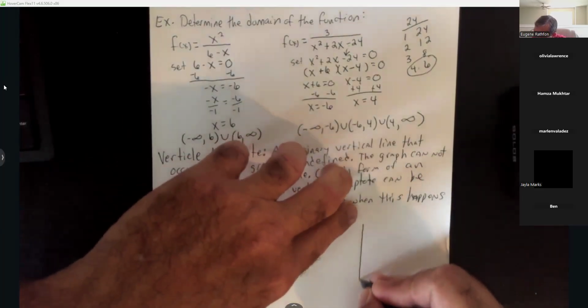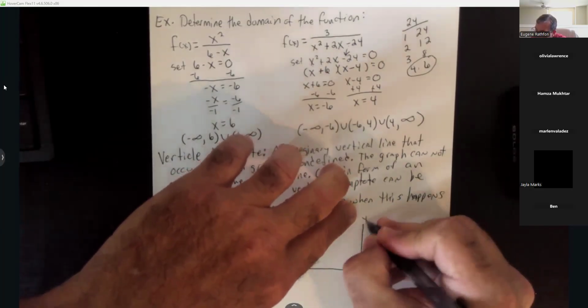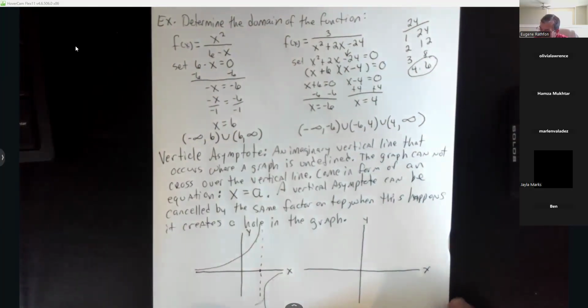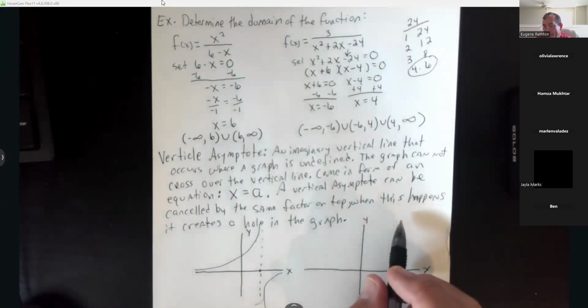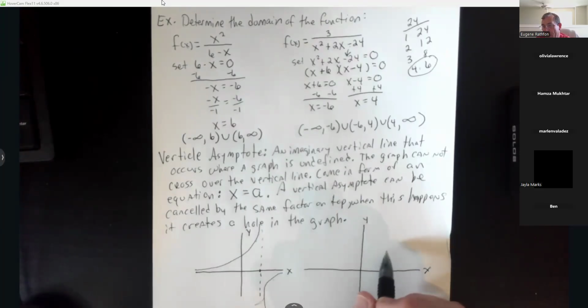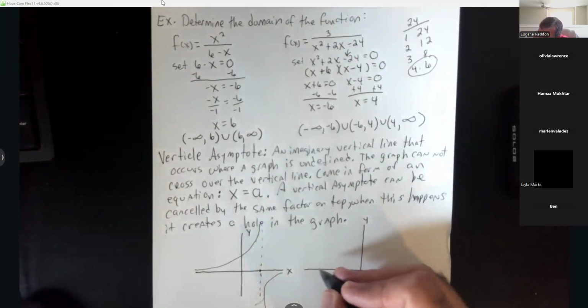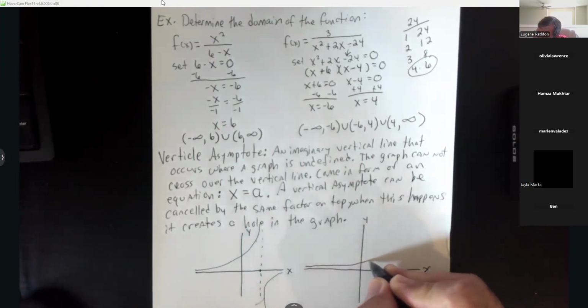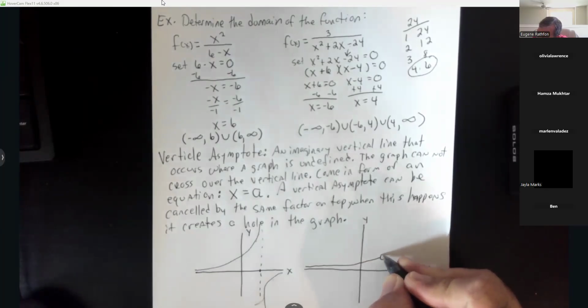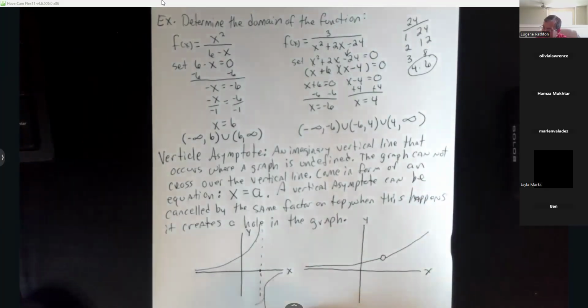Now, what happens when a factor on top matches the factor on the bottom? It sort of cancels that asymptote. What might happen is you might have a graph coming and it creates a hole and then the graph keeps going.